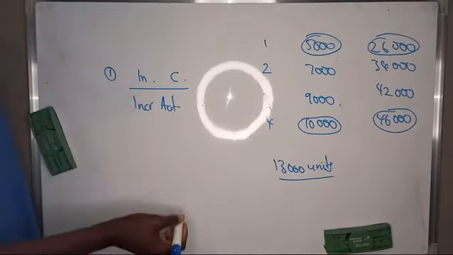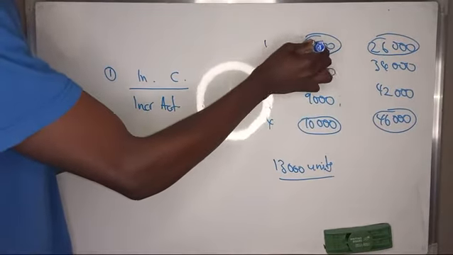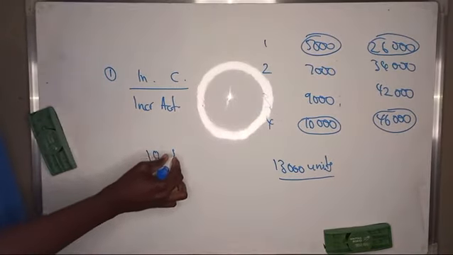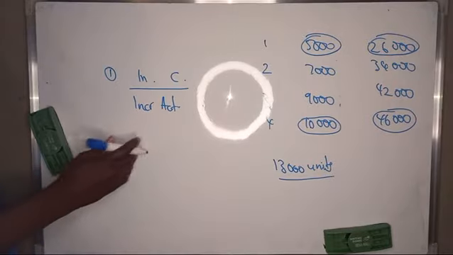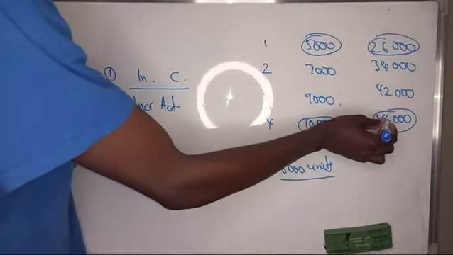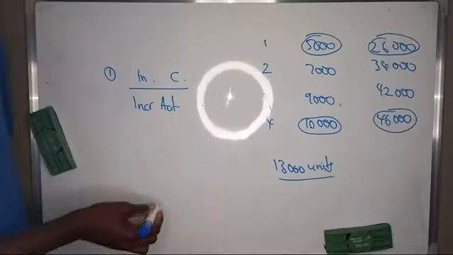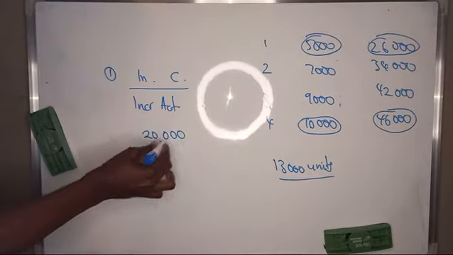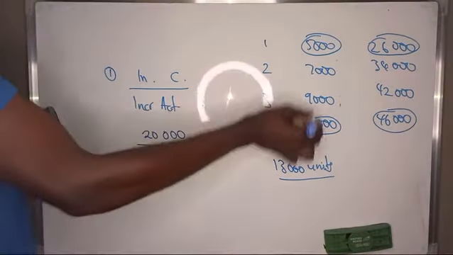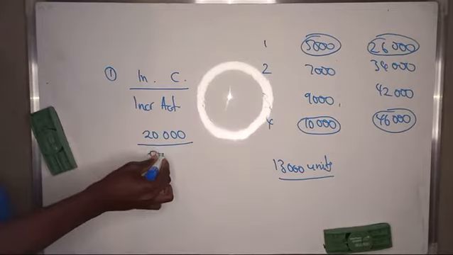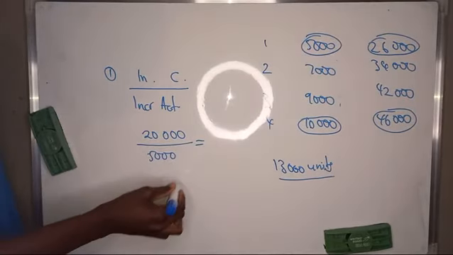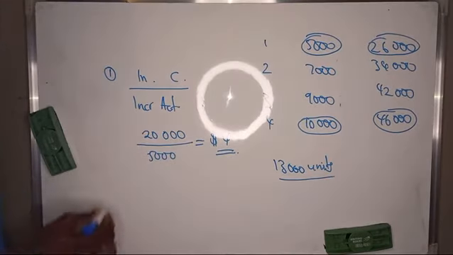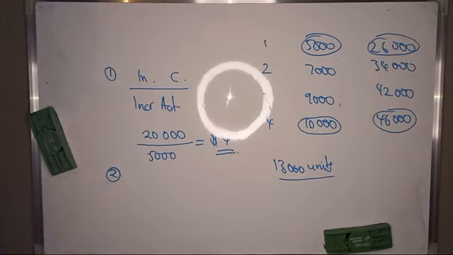Activity level increased from 5,000 to 10,000, so the difference is 5,000. The cost increase is 46,000 minus 26,000, so the difference is 20,000. 20,000 divided by the increase in activity level, 5,000, means your variable cost per unit will be $4. Step number 1 done.